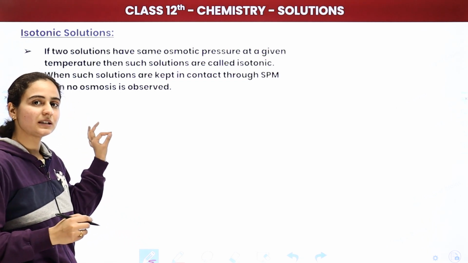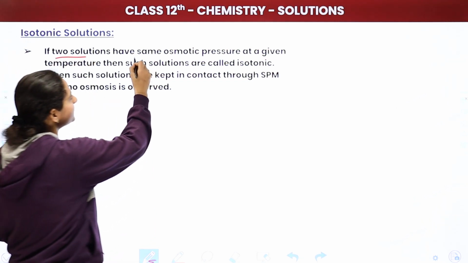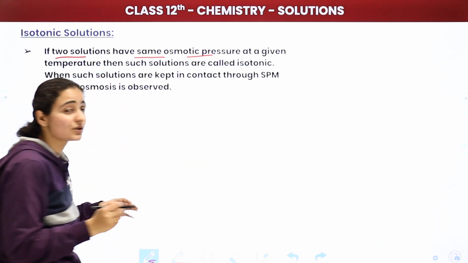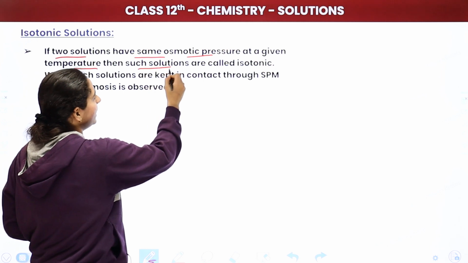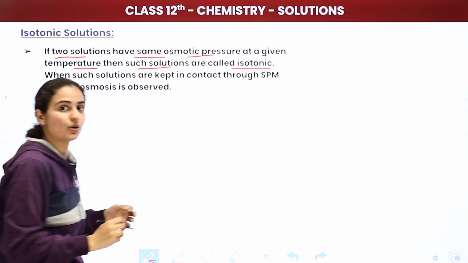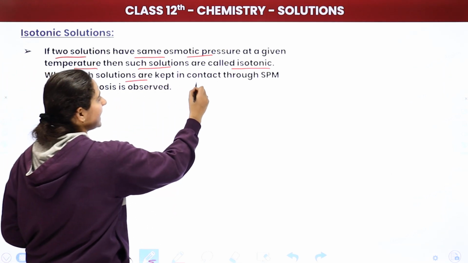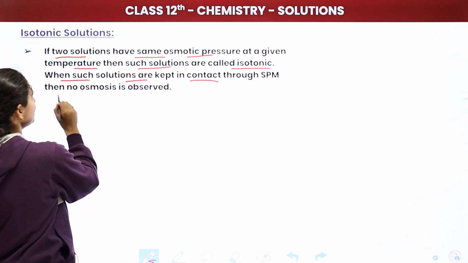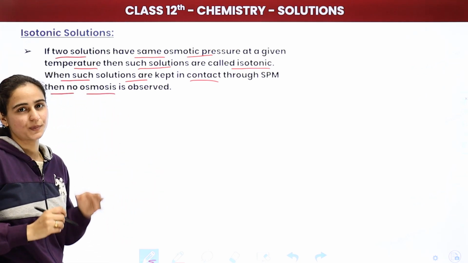If we just read the definition, it's very easy to understand. If two solutions have the same osmotic pressure at a given temperature, then these solutions are known as isotonic. When such solutions are kept in contact through SPM, then no osmosis is observed.